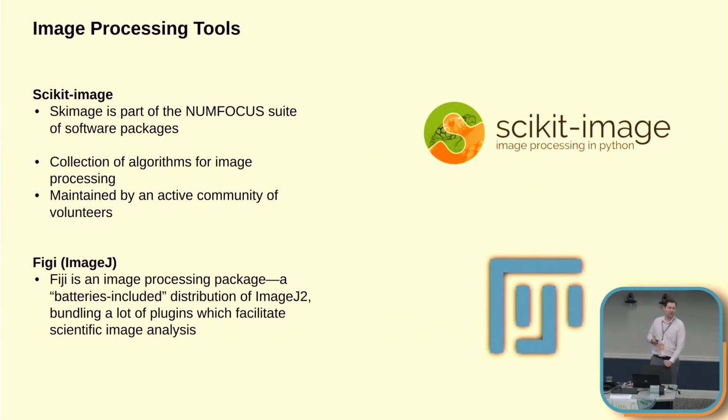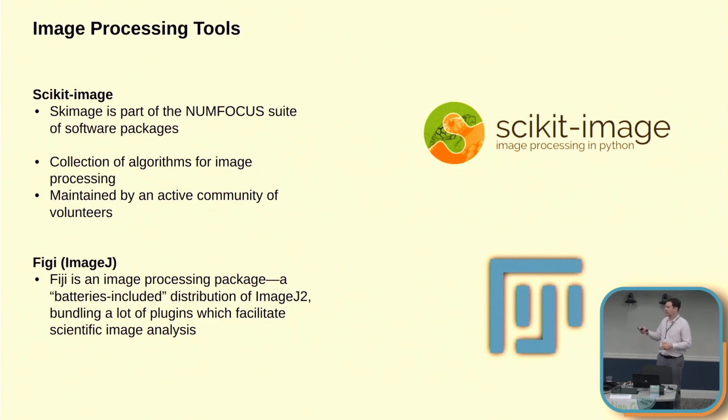So the image processing tool we're going to talk about today is Scikit-Image. It's a part of the NumFOCUS suite of software packages. It's maintained by an active community and has just about any algorithm you would want for image processing, and it's constantly being updated with new algorithms.